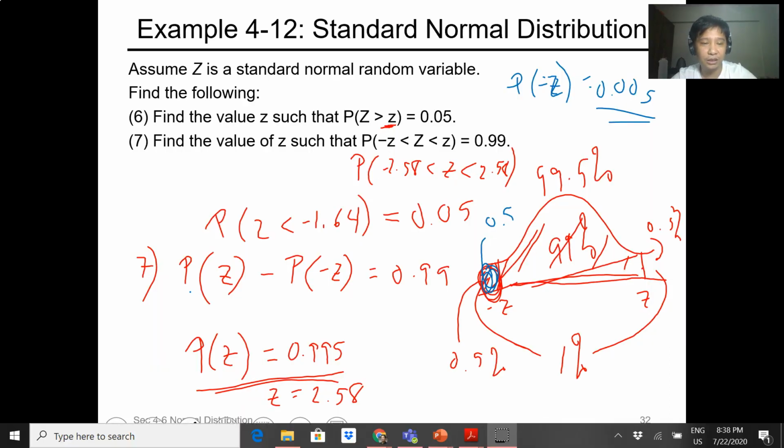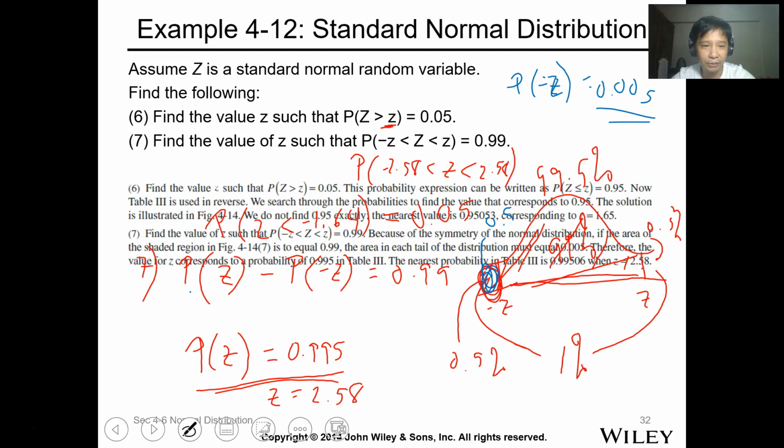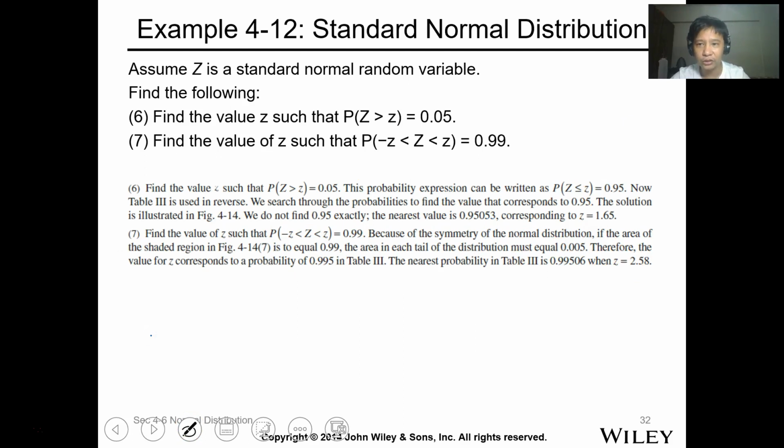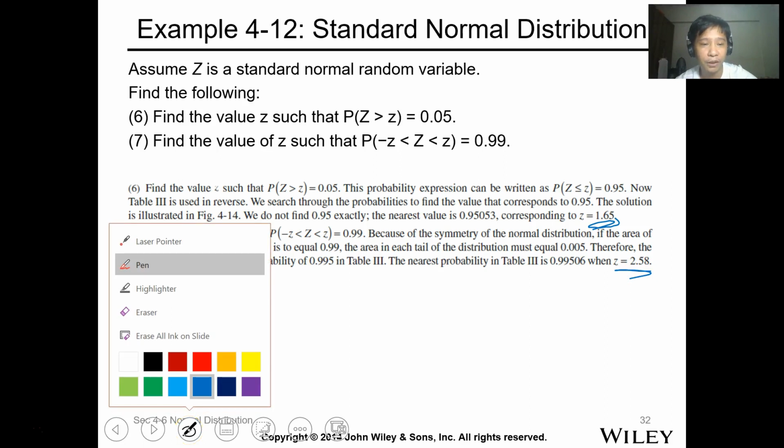So, that is the probability. Tingnan natin kung tama. Kung kanina ay value ay negative 1.64. Erase ko na lahat. So, 1.65 or 1.64. Kalapit lang siya. And ito naman ay 2.58. So, you can use Z as 2.58. Okay.